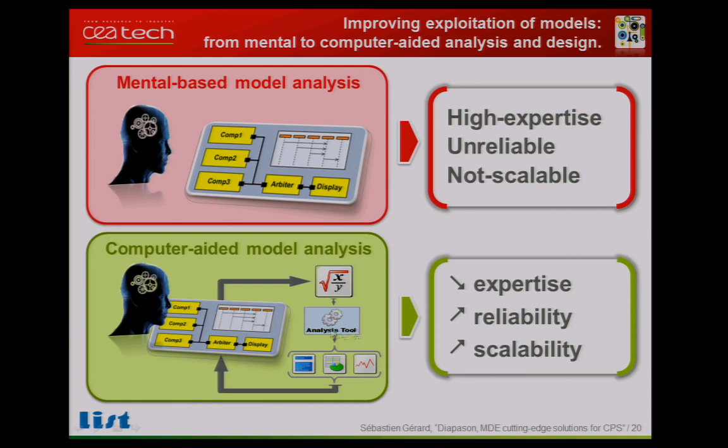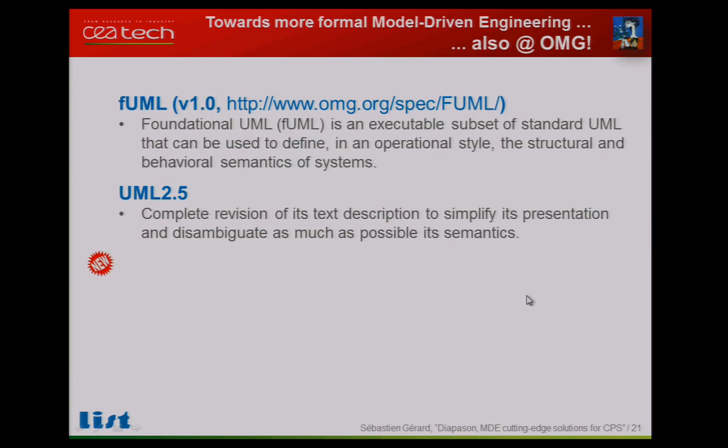The idea is to put a formal tool in the loop to assist the user to analyze some part of the system and to transform this analysis into results that will help the user to analyze the model better themselves, to be able to scale the problem, to be more reliable with respect to their analysis, and to decrease the level of expertise needed to perform this kind of analysis. Behind that, there is a need to be formal.